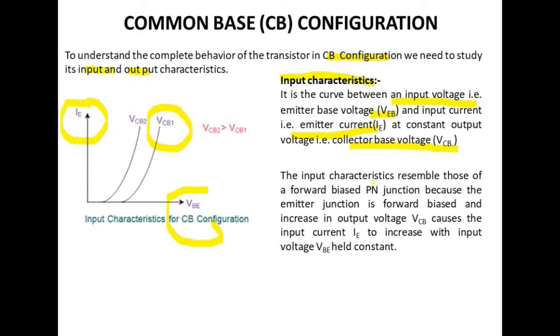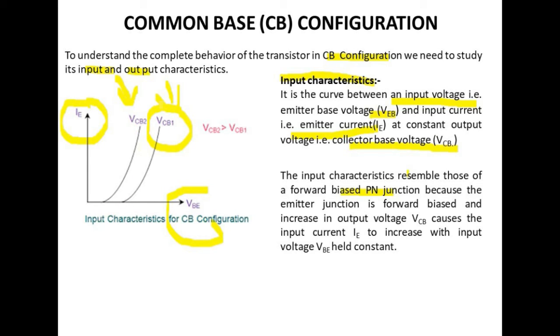Here we see that input characteristics resemble those of a forward biased PN junction because the emitter junction is forward biased. Here we see there are two voltages, VCB1 and VCB2.